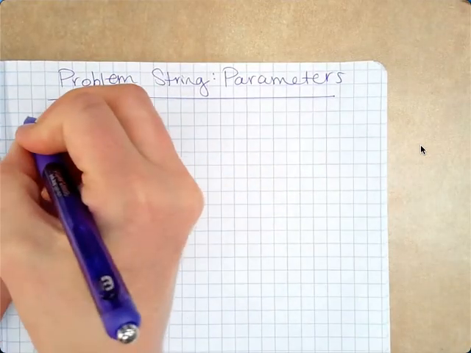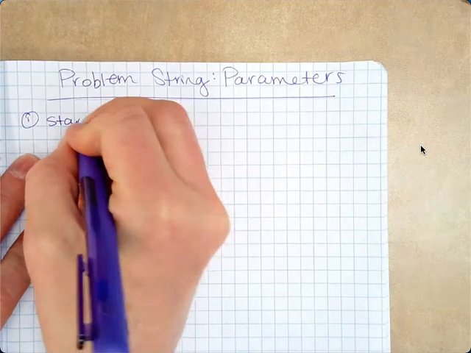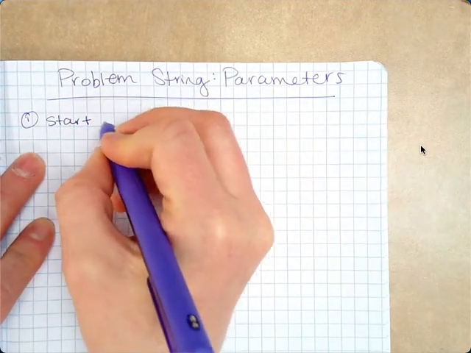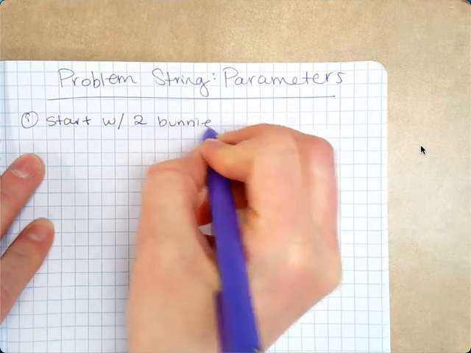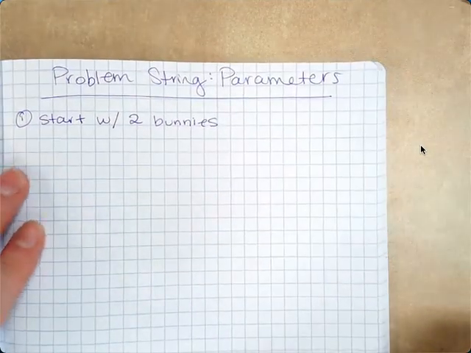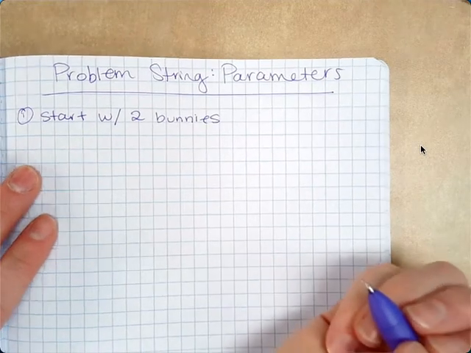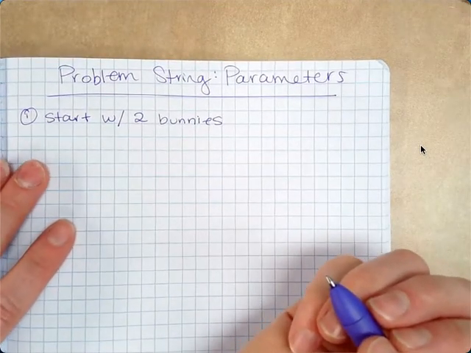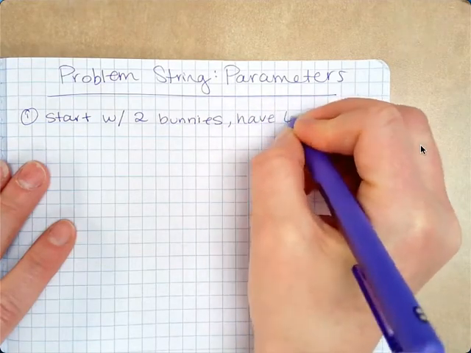So our first one, we are going to start with 2 rabbits, just like we did in the video. 2 bunnies. And then they are going to have 6 babies every month.